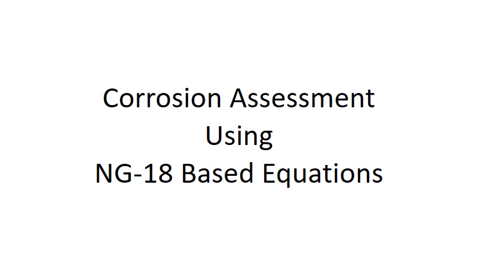Today's topic is corrosion assessment using the NG18 based equations. Some of you will know these equations better as ASME B31G or perhaps DNV F101. If you watched my earlier video number 1, I spent some time talking about why these NG18 based equations are fundamentally overly conservative, and again, spoiler alert, the reason for that is that the NG18 based models are fundamentally mathematically and theoretically wonky.